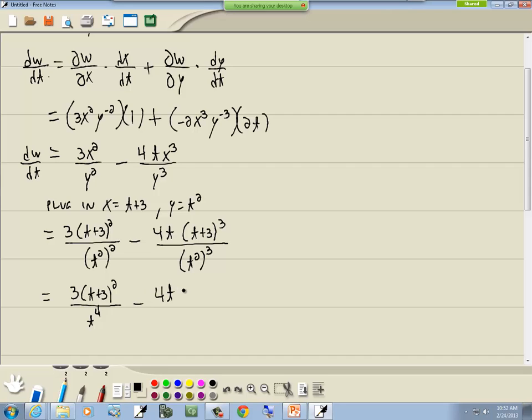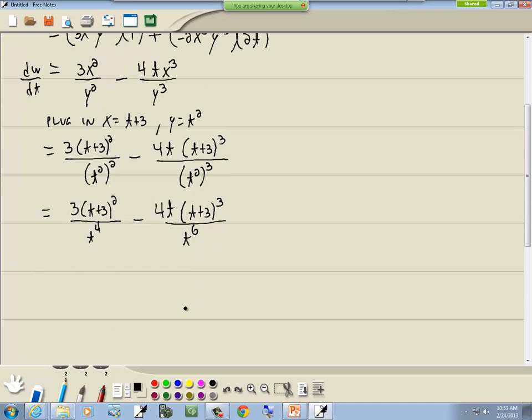Minus 4t, t plus 3 to the third. Over, you're raising one exponent to another exponent, you multiply them. 2 times 3 is 6. So that gives us 3 times t plus 3 squared over t to the fourth, minus, that t cancels one of these t's, so I got 4 times t plus 3 to the third over t to the fifth.